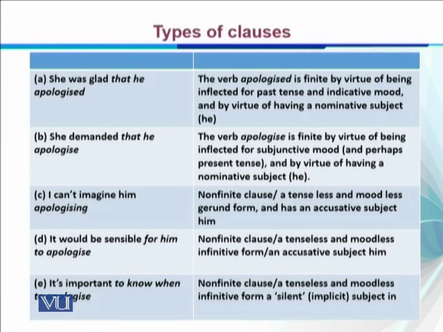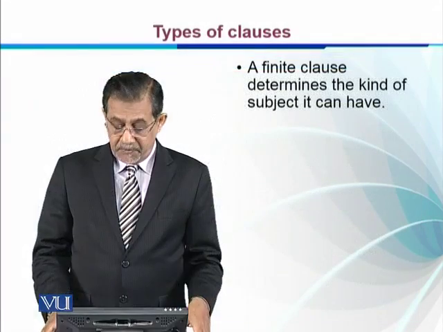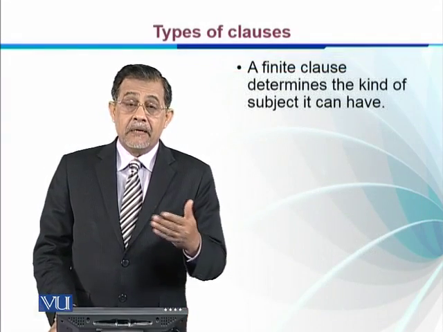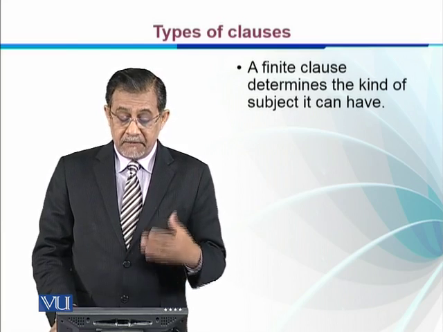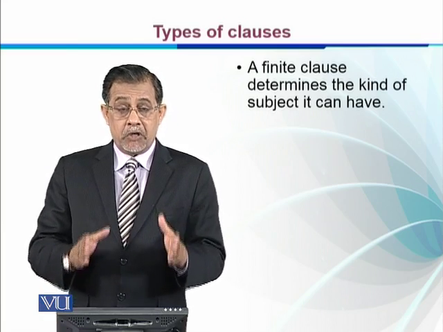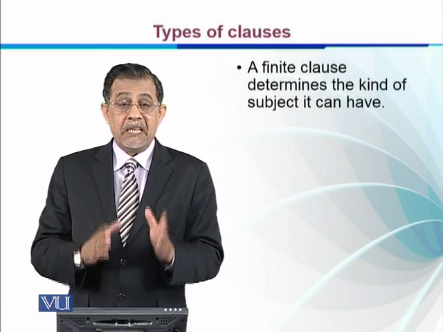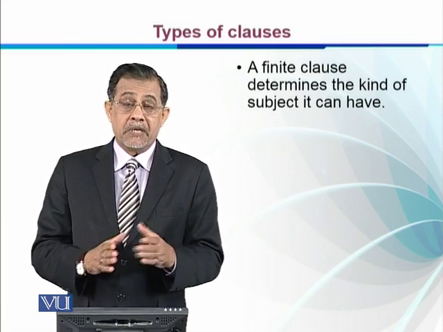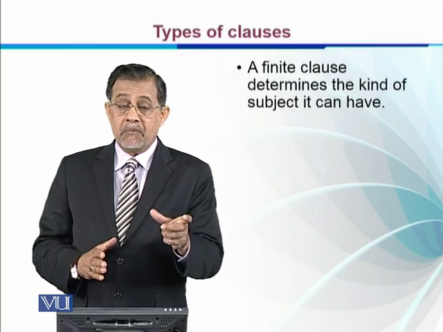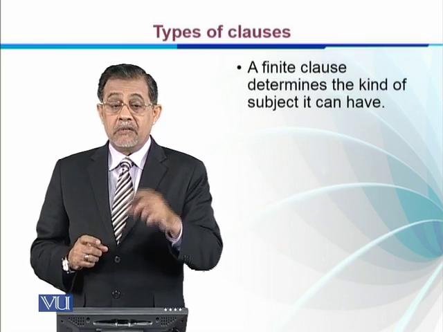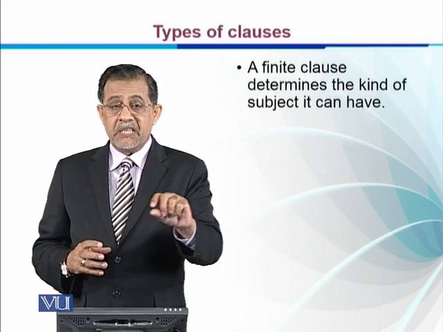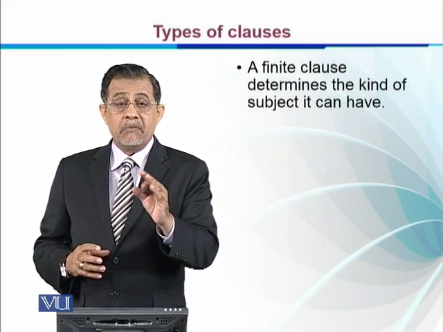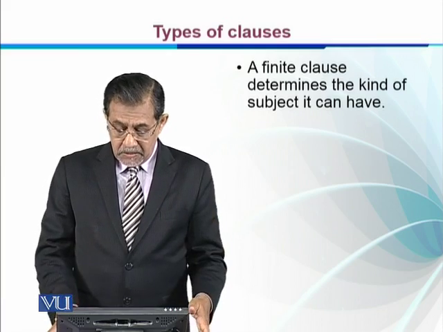So a finite clause determines the kind of subject it can have, either nominative or accusative. A finite clause must take a nominative subject, either some noun, or you can know whether the subject is nominative by replacing it with the pronoun he or she.